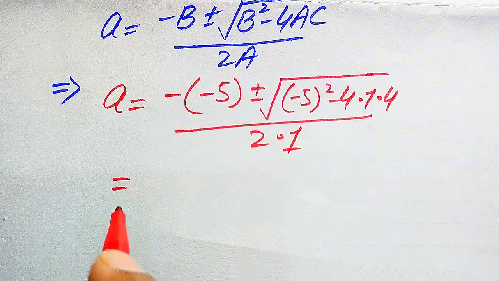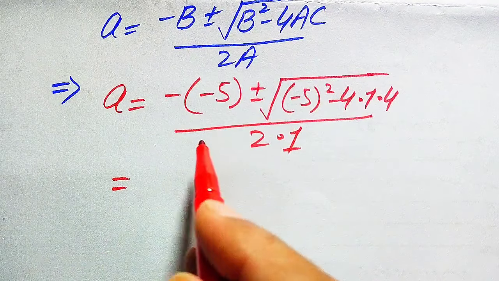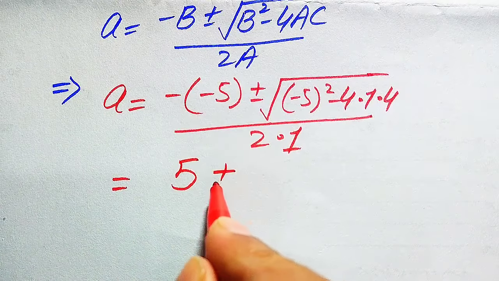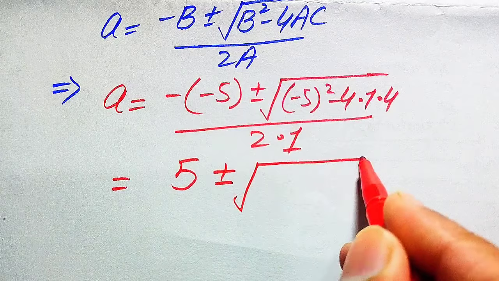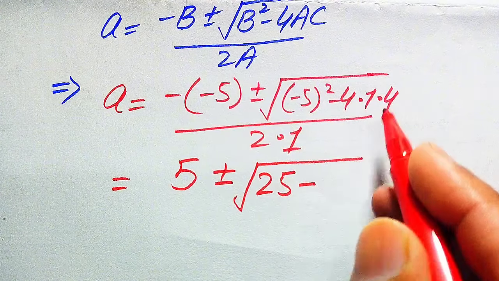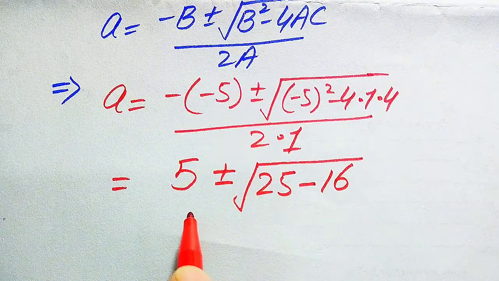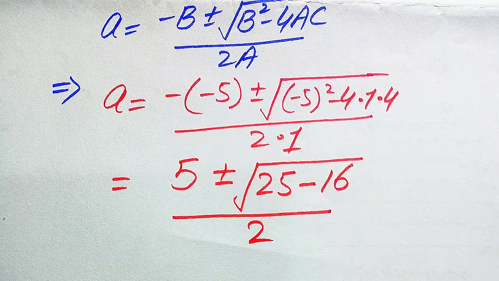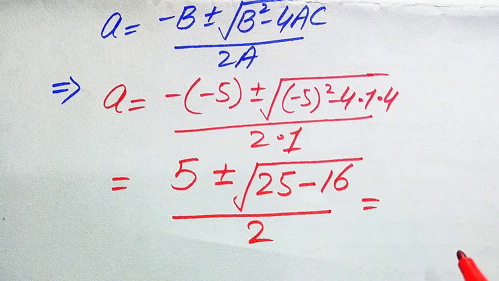And in the next step we need more simplification, and it will become, minus times minus becomes plus 5, plus minus square root of minus 5 square becomes 25, minus 4 times 4 becomes 16, and it is divided by 2 times 1 is equal to 2.